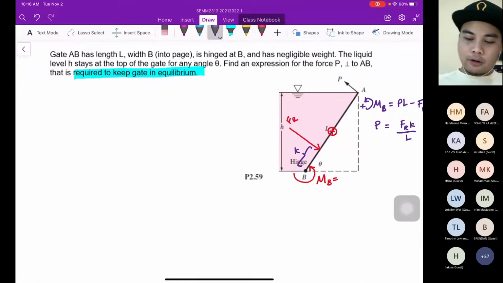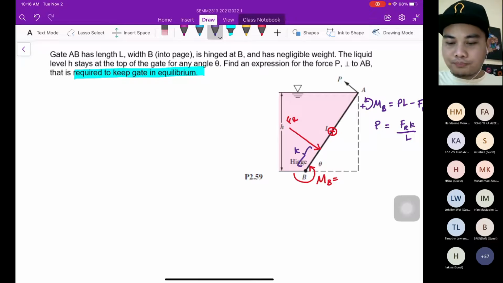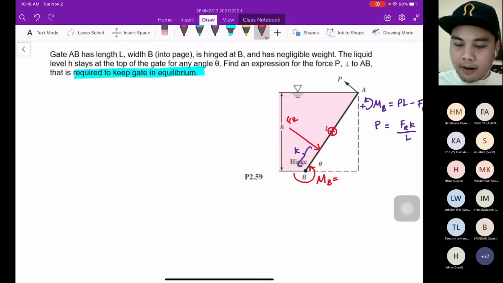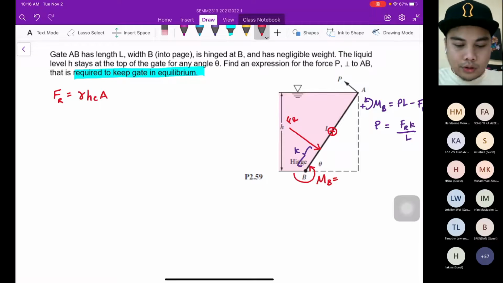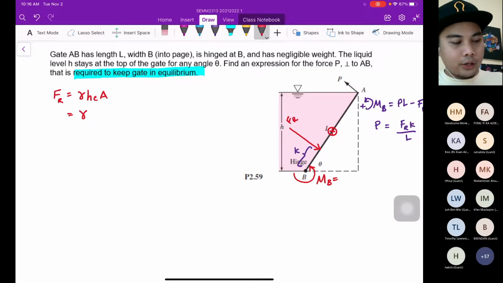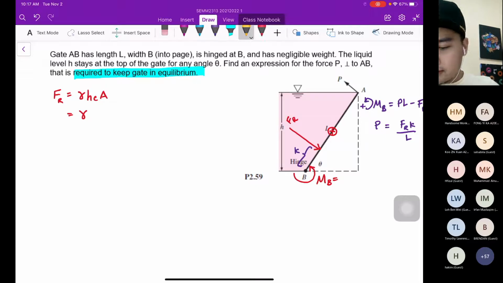Let's solve using the equations that we have used before. In order to get the FR, we use F equal to gamma HCA. Gamma of this water is easy. However, HC, how to get the HC? HC is from the surface to the centroid.